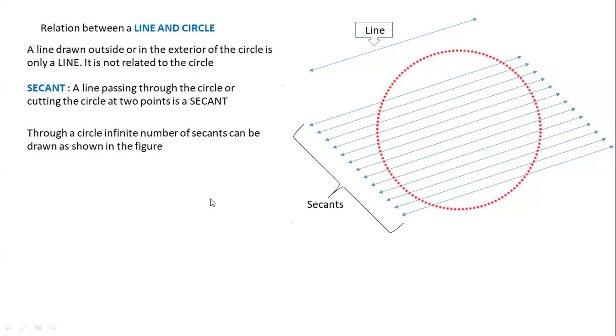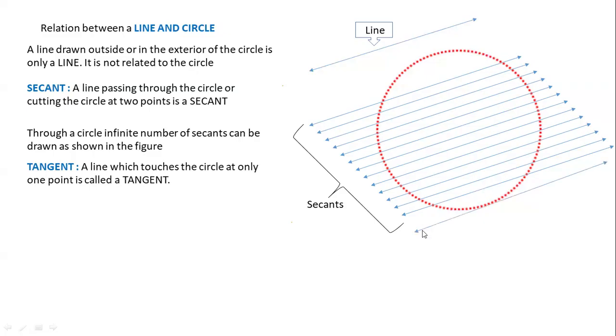Clear? Now, tangent. A line which touches the circle at only one point is called a tangent. Suppose you bring this line further down, you will get one line like here. It is just touching the circle and passing. This line which is touching the circle is called a tangent.